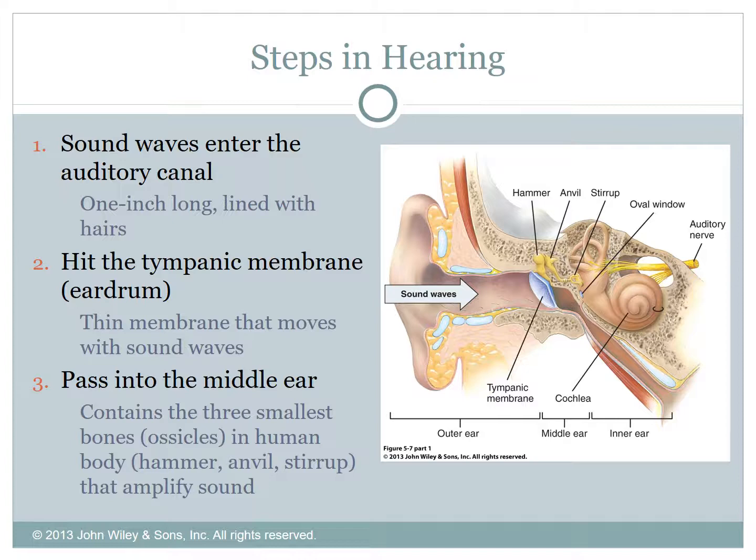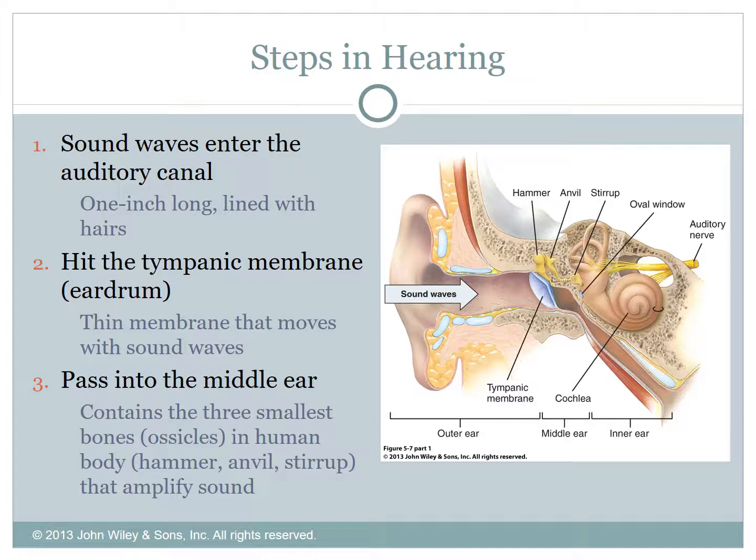This causes the tympanic membrane to vibrate slightly against the three smallest bones in your body, the hammer, the anvil, and the stirrup. These three bones serve to actually amplify the tiny vibrations in the air, so that when these vibrations pass into your middle ear, they're actually far more powerful.